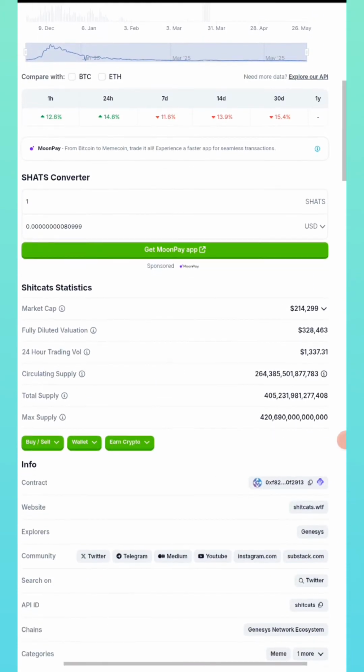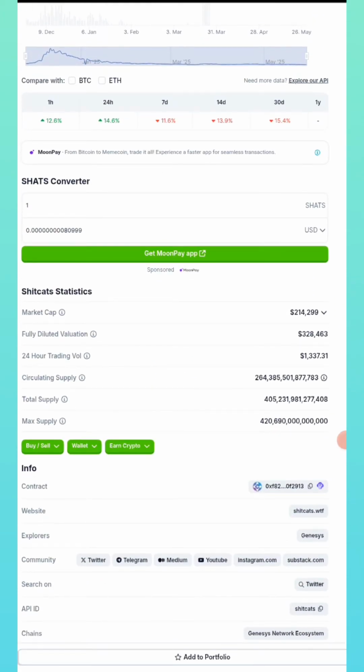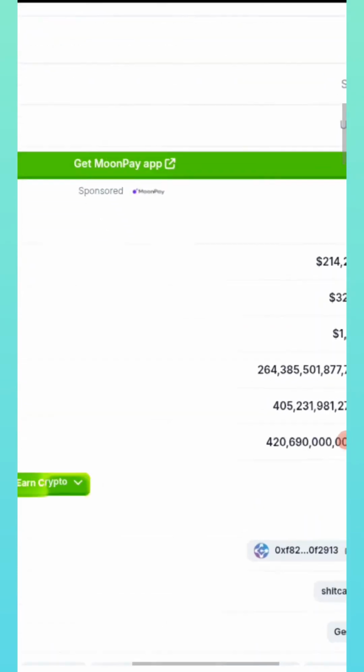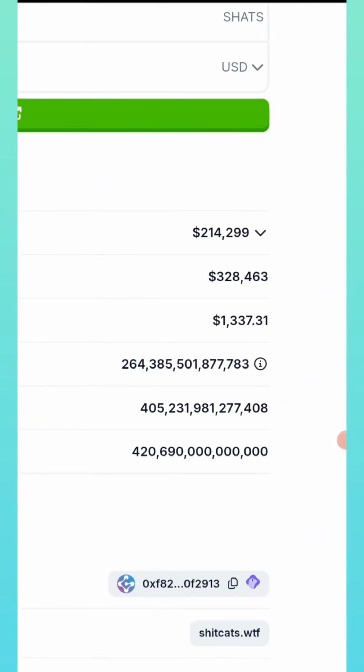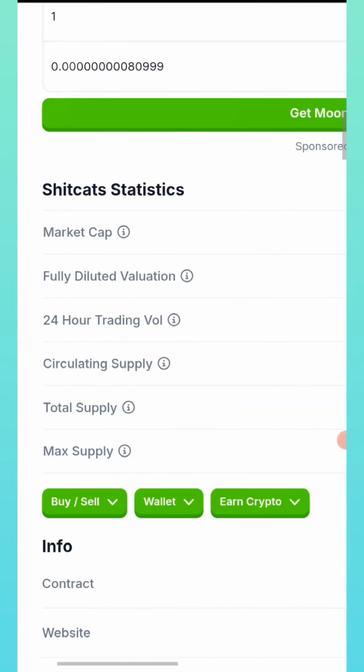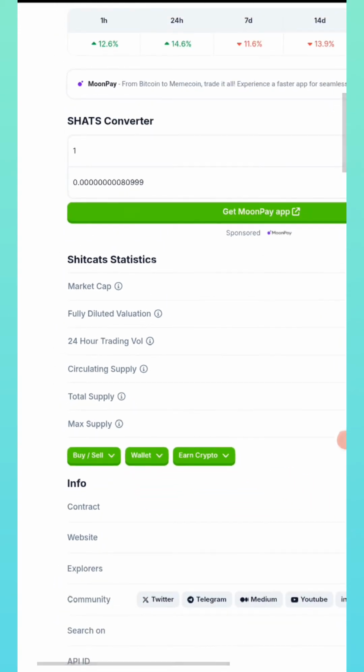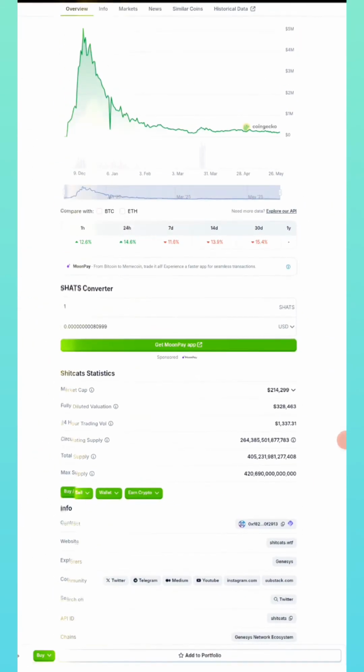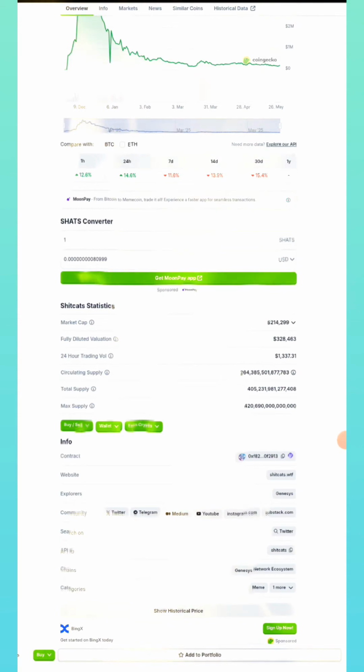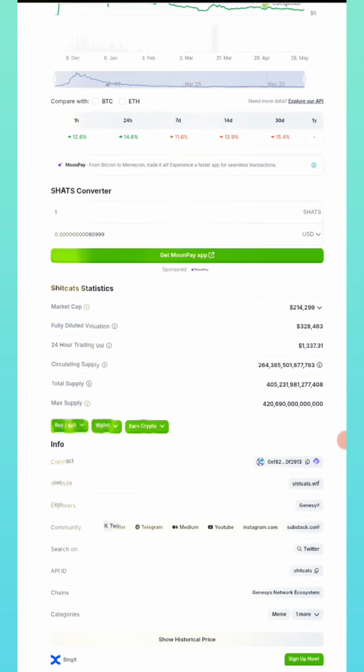Also, you can see the statistics of the coin. I see the market cap of the coin is about $214,000. You can see the fully diluted valuation, $328,000. You can see the trading volume of the coin, how much they trade the coin daily, in the last 24 hours.